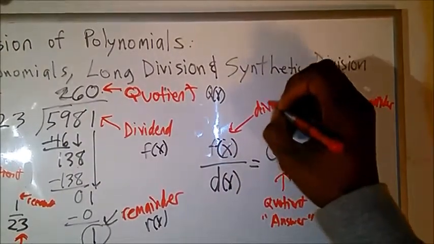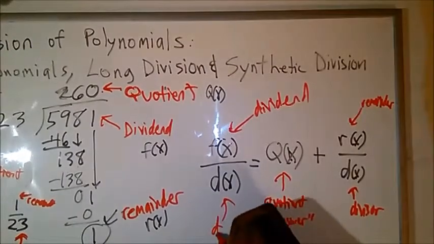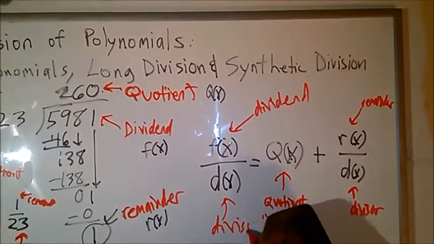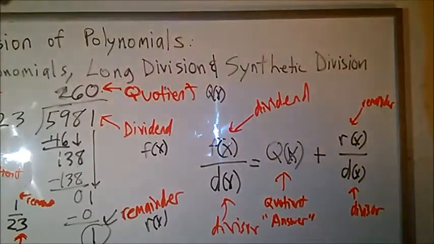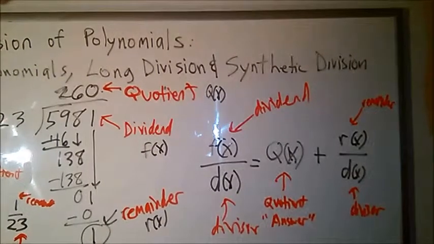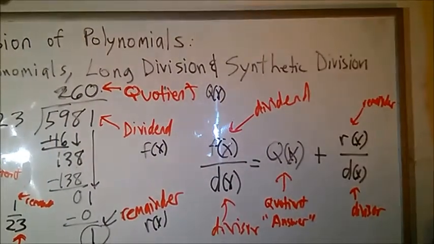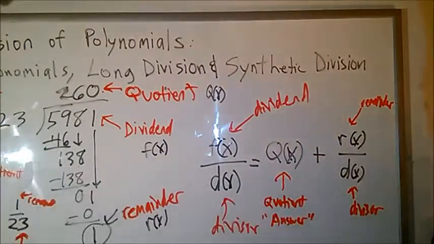That's your dividend, and this is your divisor. You have to express yourself in this way when you're giving the answer of polynomial division. Now let's do an example of polynomial division, moving from simple math to something more complex.